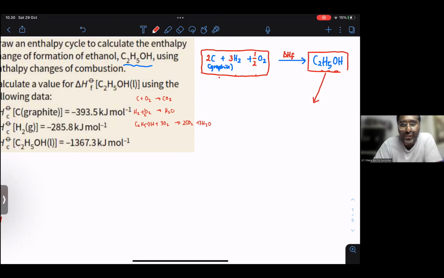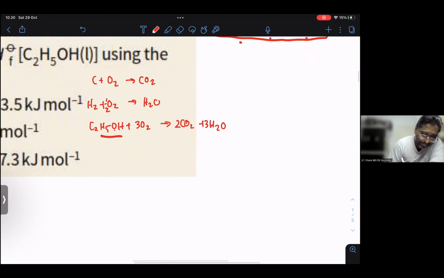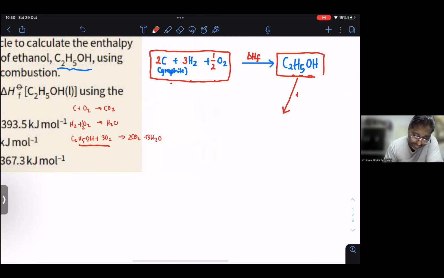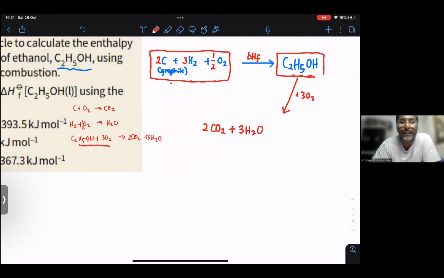C2H5OH is reacting with O2, so I put the O2 here, plus 3 O2. They are going to give me 2 carbon dioxide plus 3 H2. Write this down first.